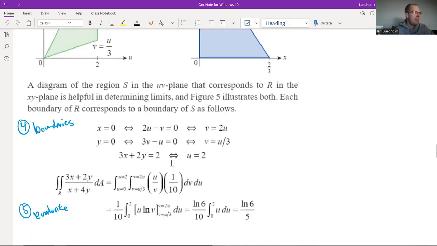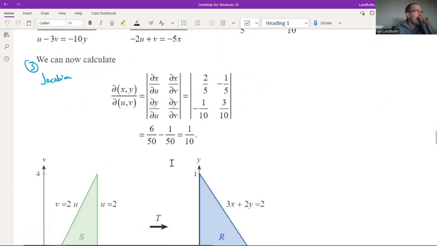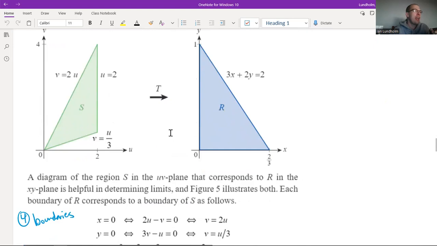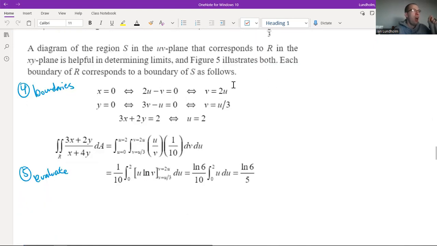But yeah, after having calculated the Jacobian and having that scale factor in hand, you would work on the boundaries, get those boundaries in order just like we did before, and then solve the rest of it out like normal.